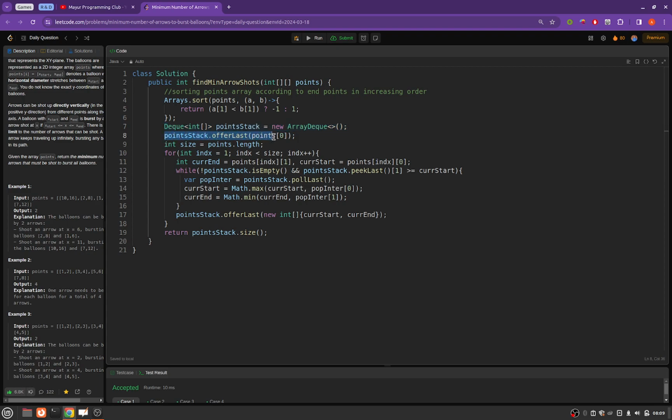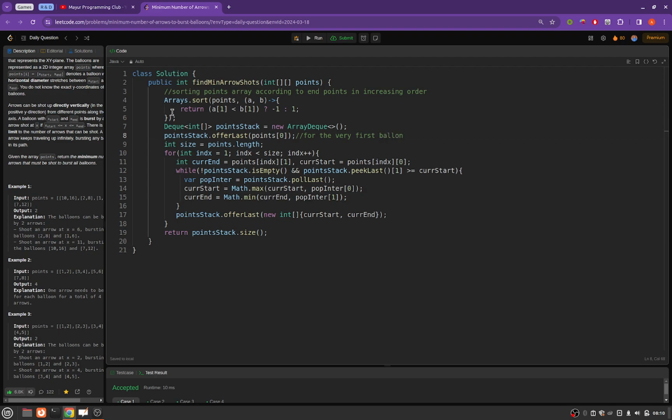First of all, since for the very first point there is no point previous to it, you will be pushing that point into the stack. By point I mean the coordinates of the diameter of the very first balloon, or you can say for the very first balloon.